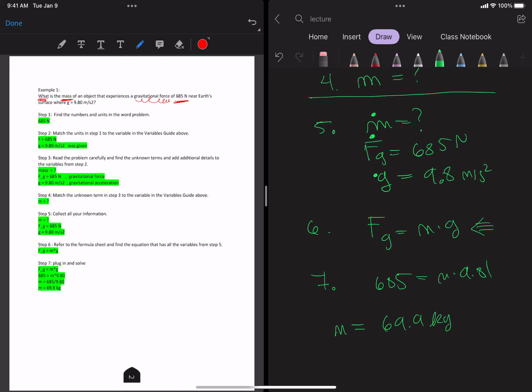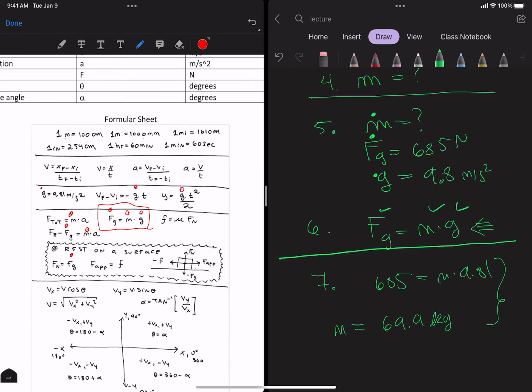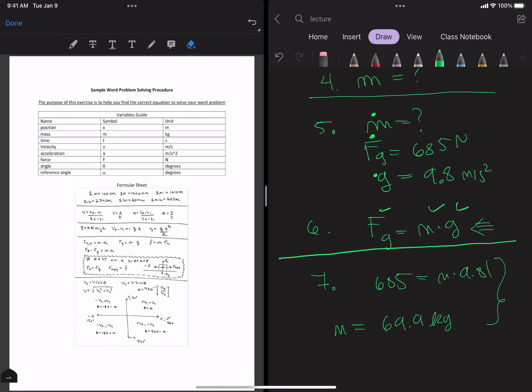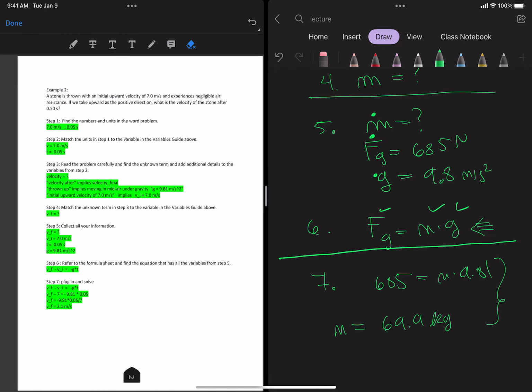But the purpose of this exercise was not about doing this algebra part. It was about all the steps that you follow in order to find the right equation. Because in general on a test, there might be a lot for you to pick from, so you might get lost as to what equation to choose. So let's do one more example.